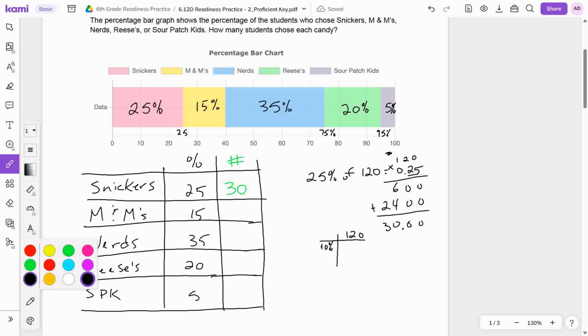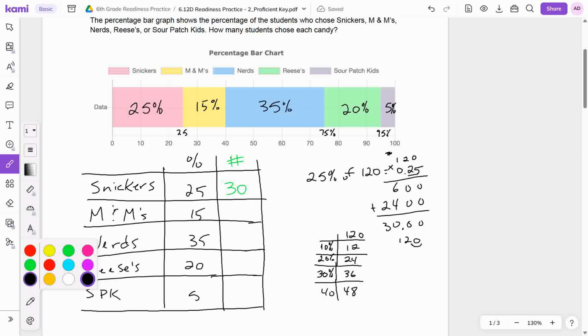So that's going to end up being a 12, because I take my 120 and move my decimal over once. So that's my base unit of 10%, which is 12. So I could just add 12s. 30% is going to give me 36. And 40% is going to give me 48.